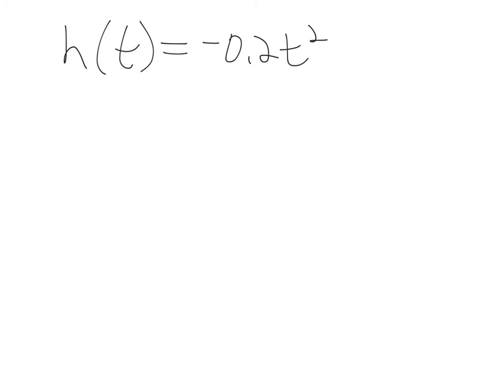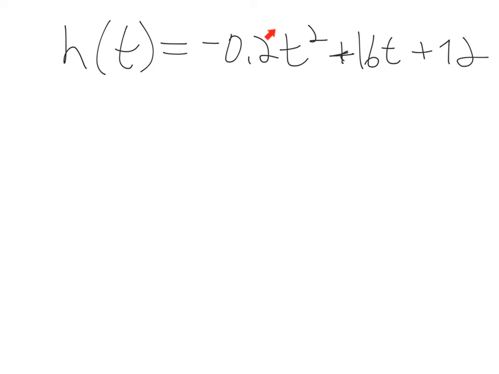All right, so the function, we're going to take the derivative. H of t, same function, negative 0.2 t squared plus 16t plus 12. Okay, so you're going to use the power rule to find the derivatives. The power here is 2. The coefficient is negative 0.2.